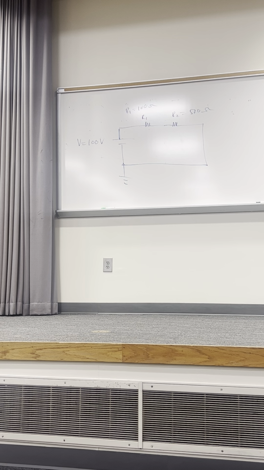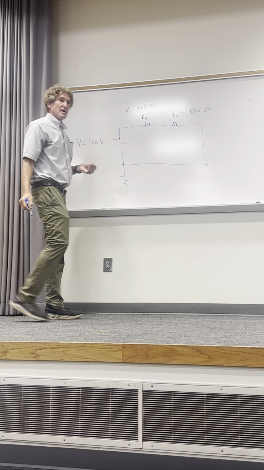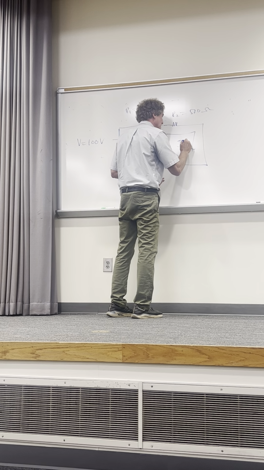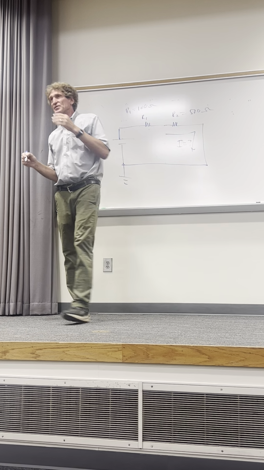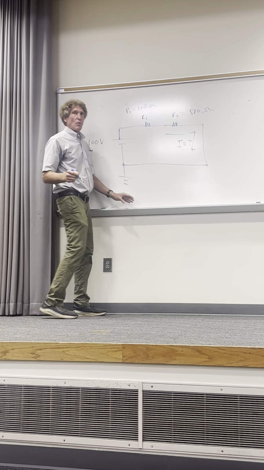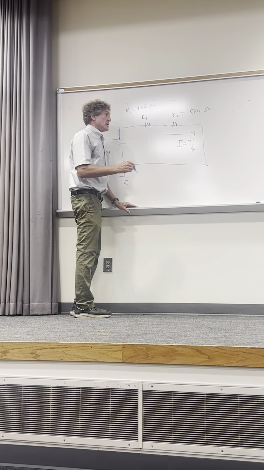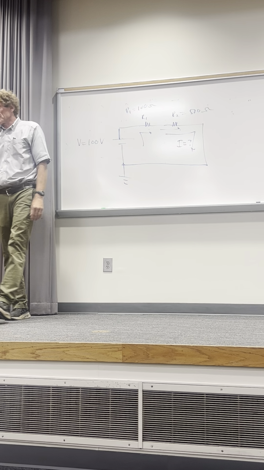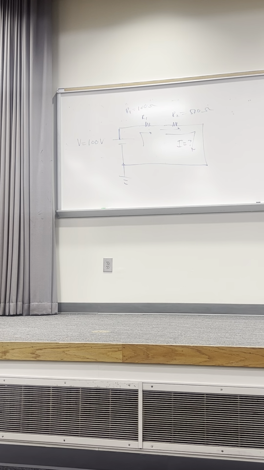It's something about numbers that makes it a little more real to people. All right, now, after that, the question is, what's the current flowing there? Now, some of you know, don't answer, but I want you to just think about it. If you're asked for how much current is going to flow there, the logical question is, does the same current flow through both of these? The answer is, think of water in a pipe.